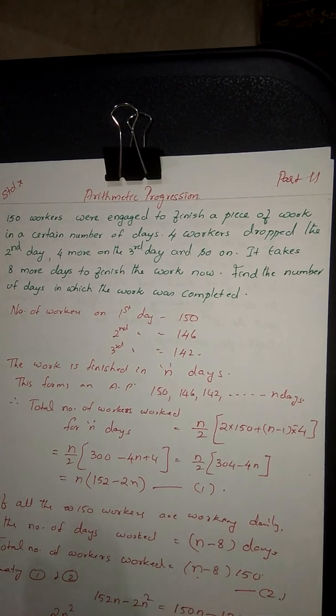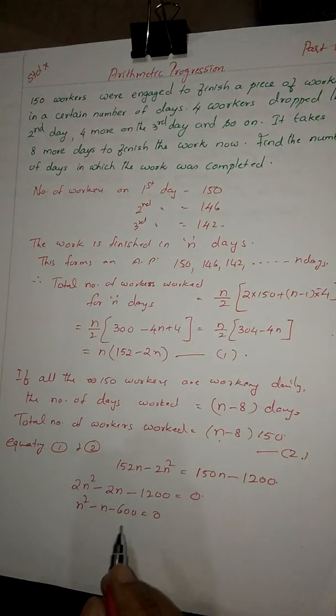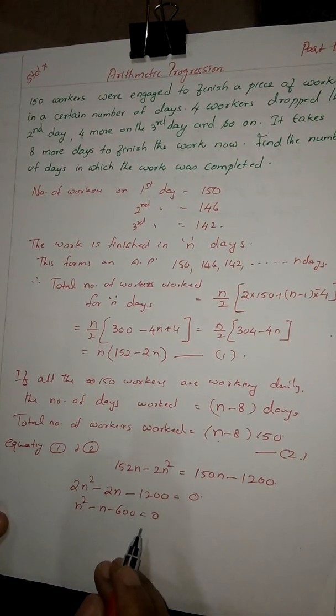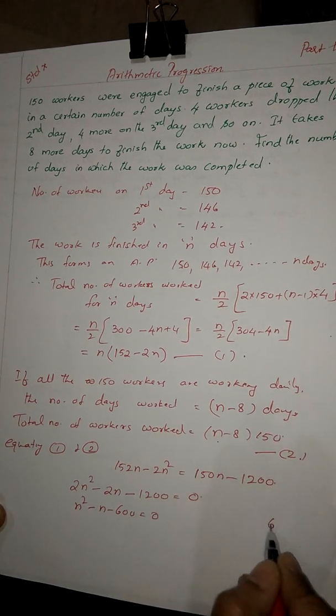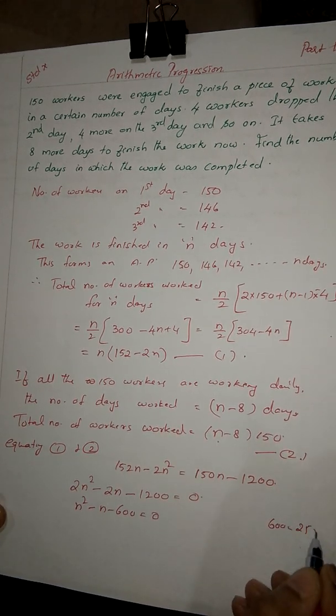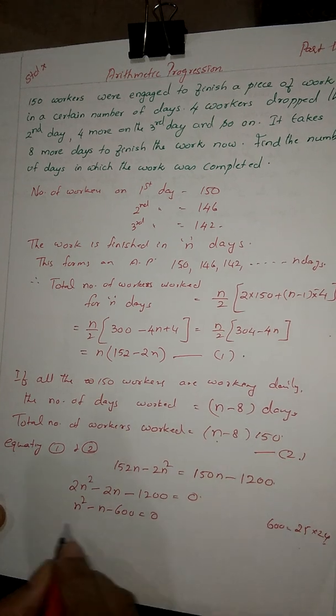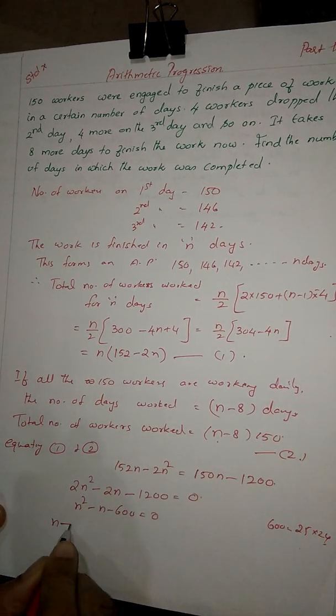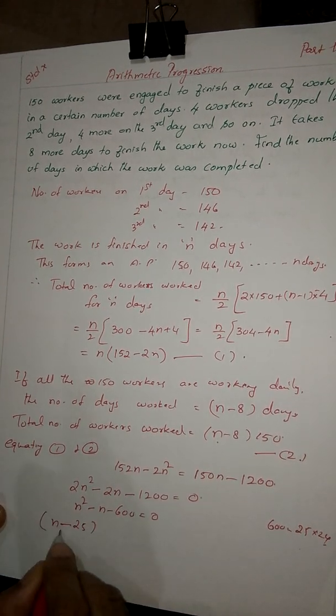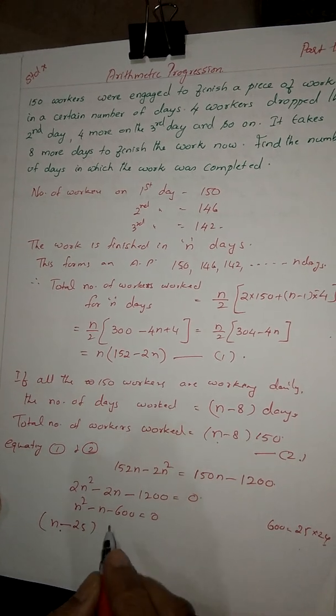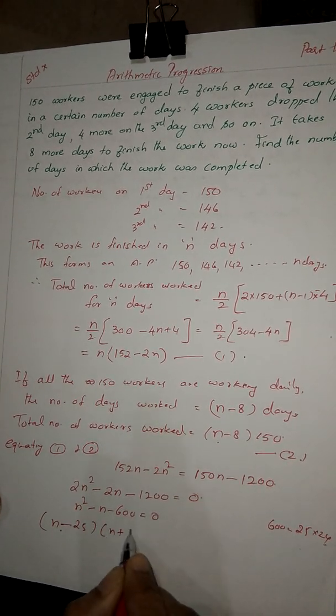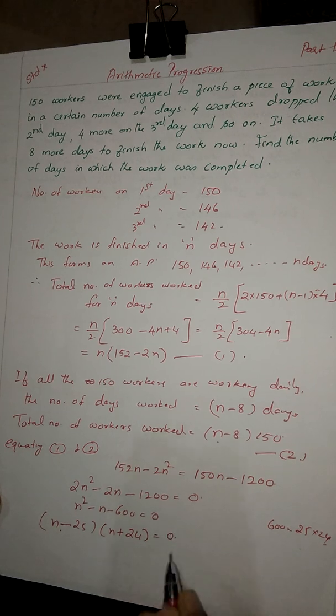So you get n squared minus n minus 600 is equal to 0. 600 can be written as 25 into 24, so this becomes n minus 25 into n plus 24 equal to 0.